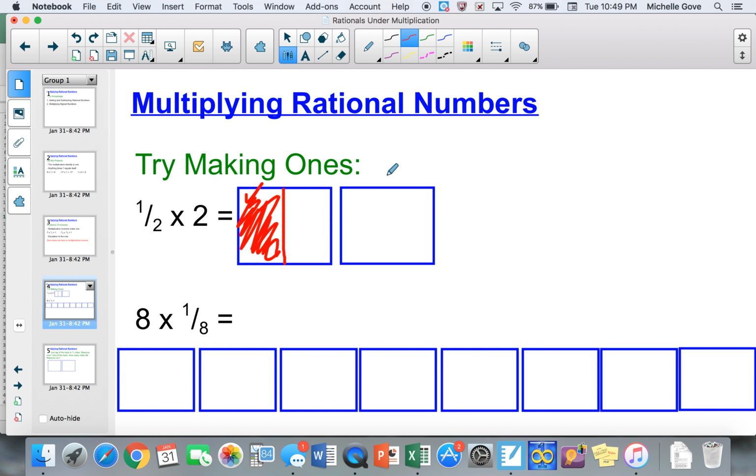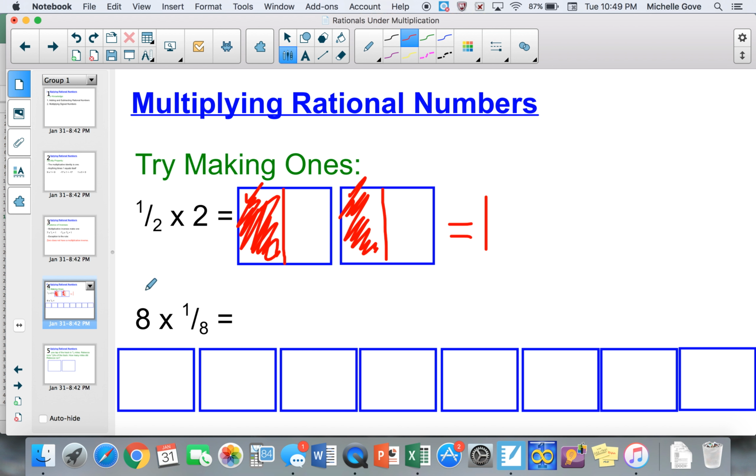So I have 1/2 and 1/2. And if we add these two together, we would have a full box, and so this equals 1.